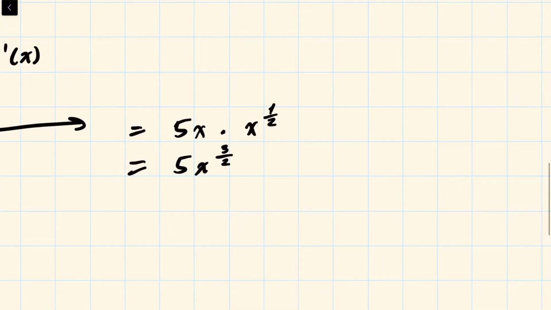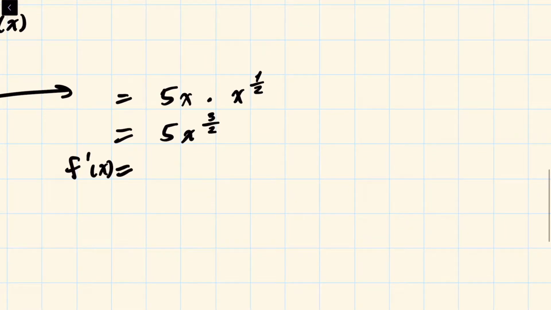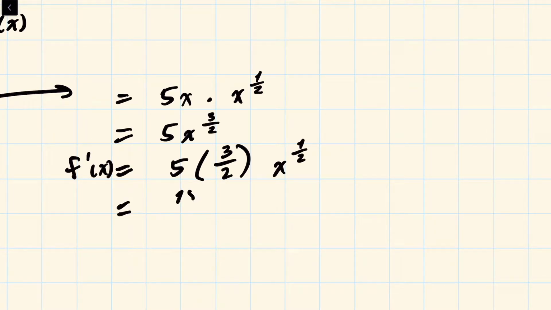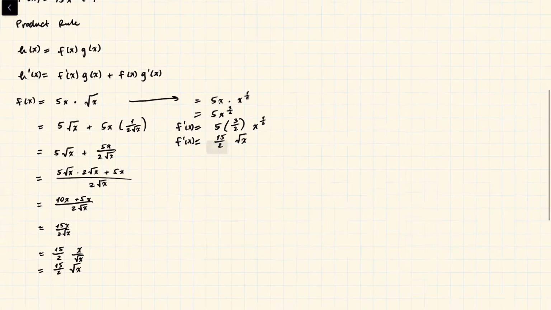And now differentiating this, just use the power rule here. That's x, subtract 1 to the 1/2, 15 over 2. And that's just root x. Okay. And that's what we got down here as well.